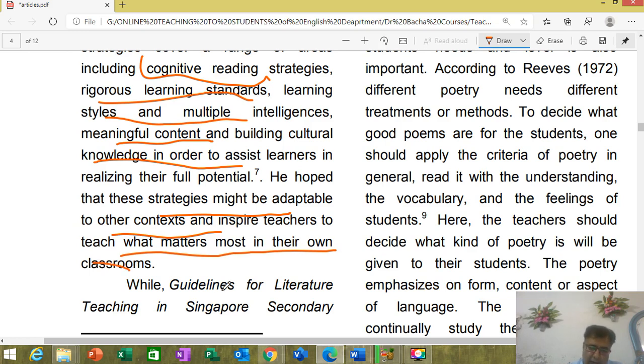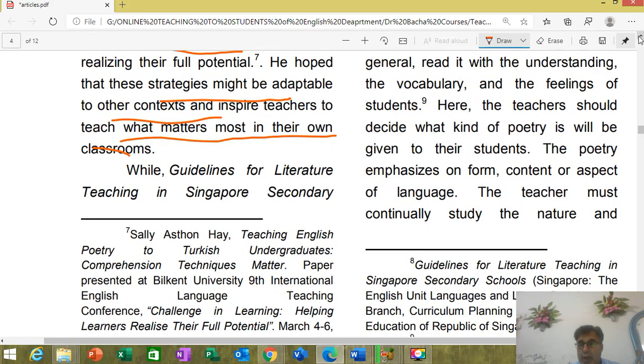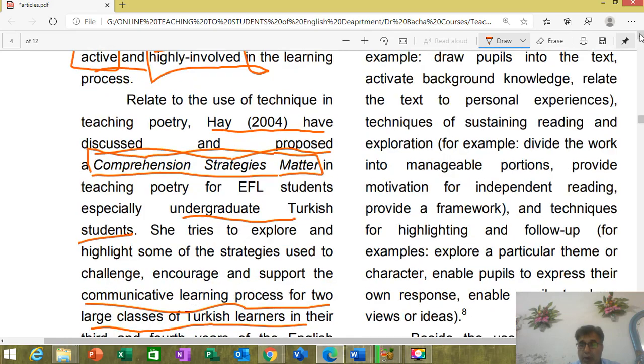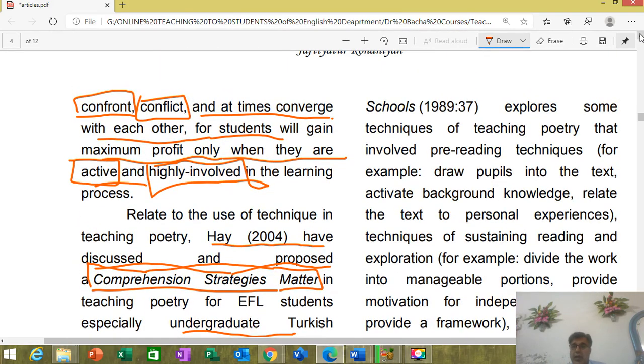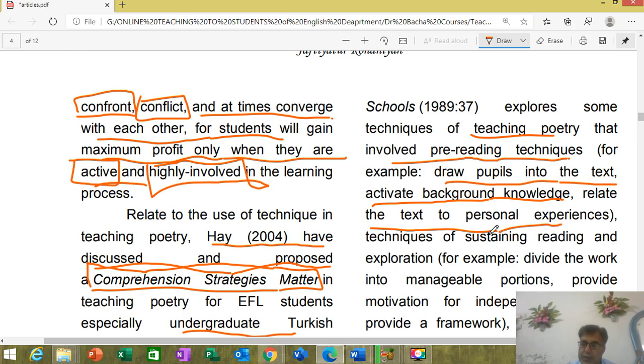All right. Guidelines for literature teaching in Singapore schools explore some techniques of teaching poetry that involve pre-reading techniques. For example, draw pupils into a text, activate background knowledge, relate the text to personal experience.